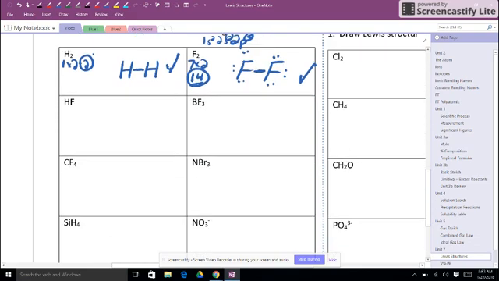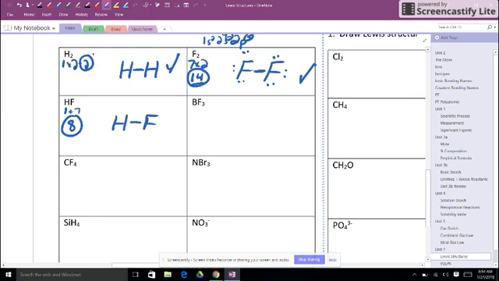Let's go down. What if we combine these two things and we had hydrogen fluoride, or hydrofluoric acid? So let's count the valence electrons. We got 1 from the hydrogen, 7 from the fluorine. So we're going to have 8 valence electrons in this molecule. It's a diatomic molecule again, so we're going to put hydrogen next to fluorine. We're going to start by adding single bonds.